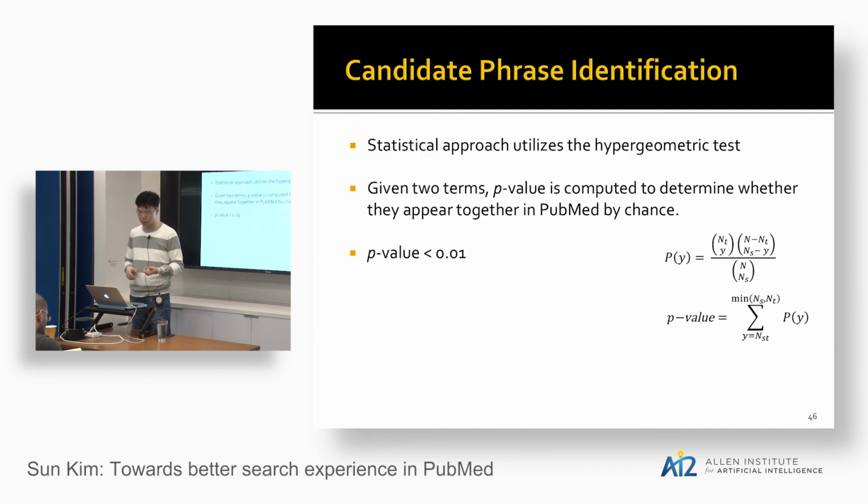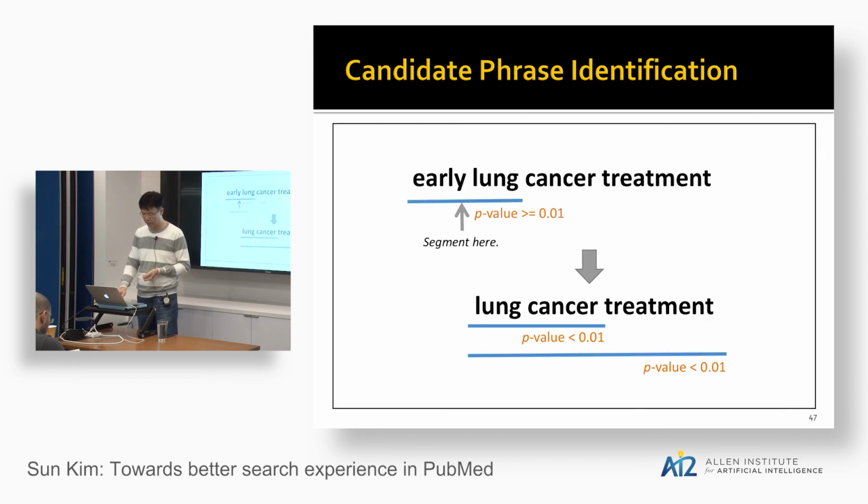The approach we use for phrase identification is the hypergeometric test. Given two terms, a p-value is computed to determine whether they appear together by chance or not in PubMed. We use a very high confidence level, 99%, as the threshold. For example, for early lung cancer treatment, we first match early and lung and check the p-value.